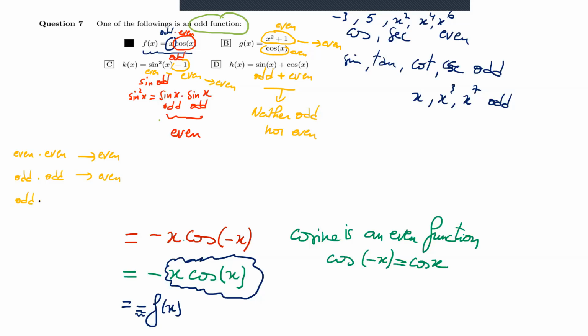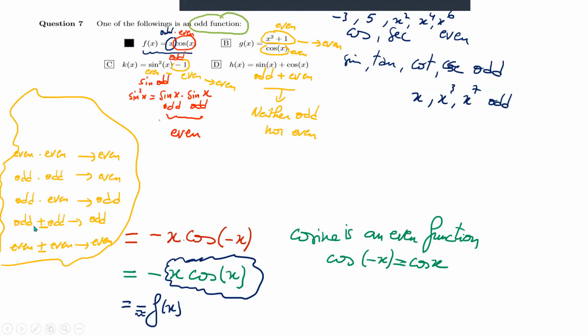Odd times even gives odd. Odd plus odd is odd. Plus or minus, of course. Even plus or minus even gives you even. So these are the different cases.